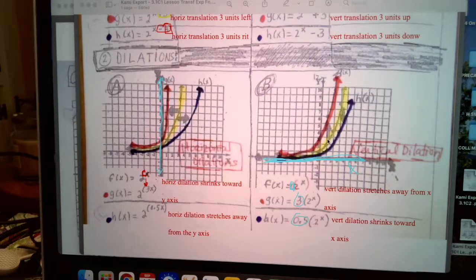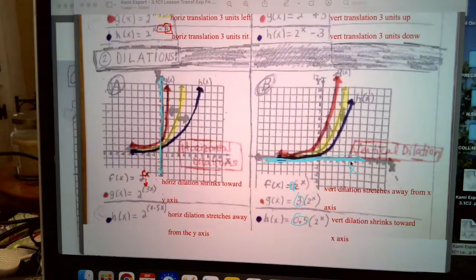When you look at it, it looks like the graph on the left, but it's doing something entirely different. Because it's a factor in front of the function, this is causing it to go vertically, up and down, and dilation, shrink and stretch. So here we will describe this as moving away from the x-axis this time.